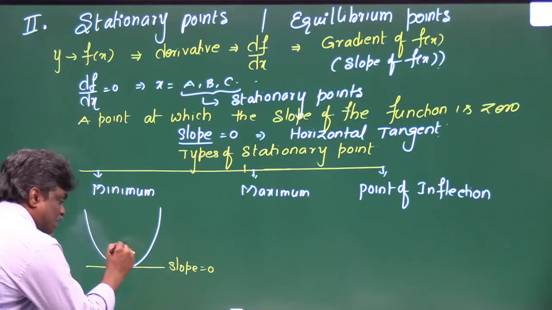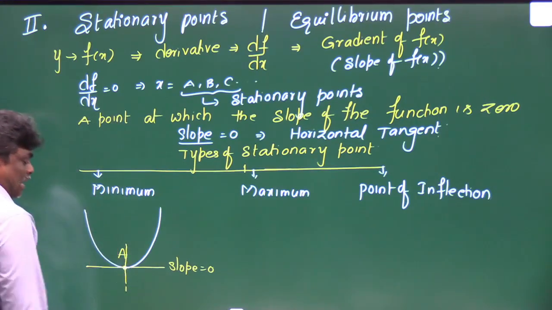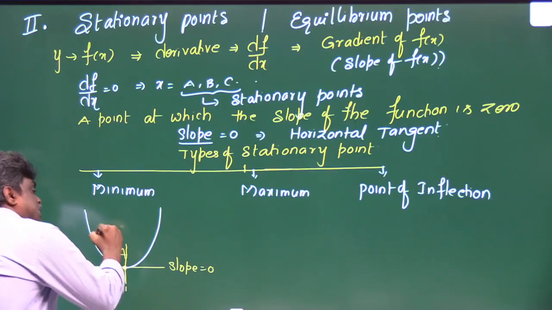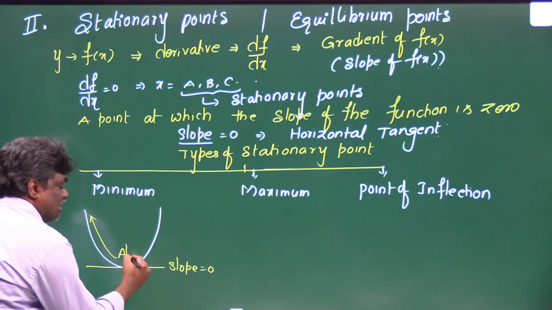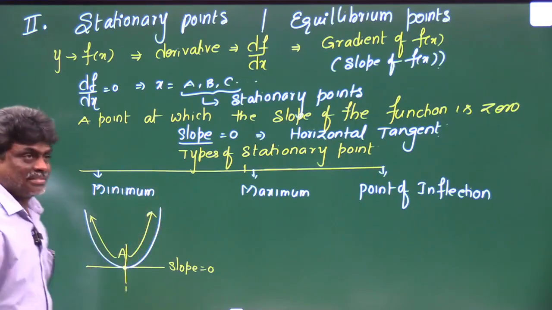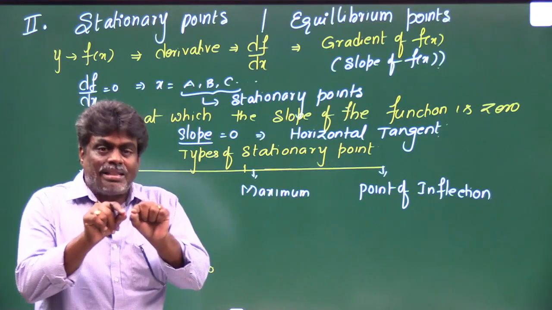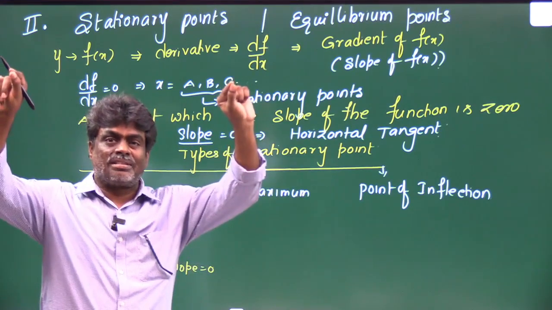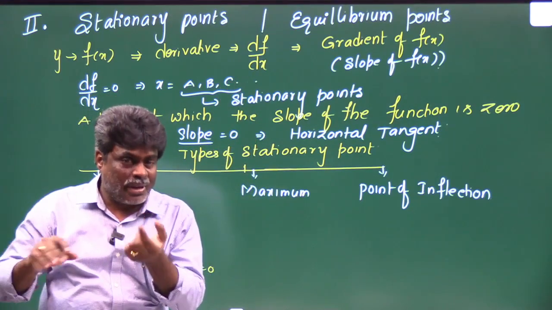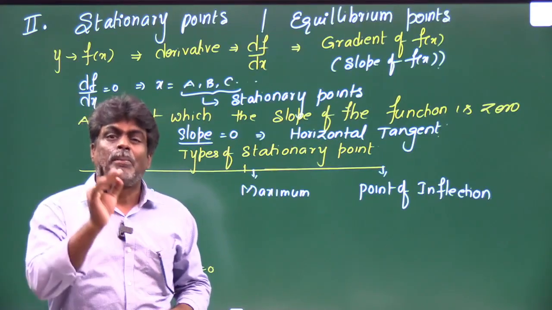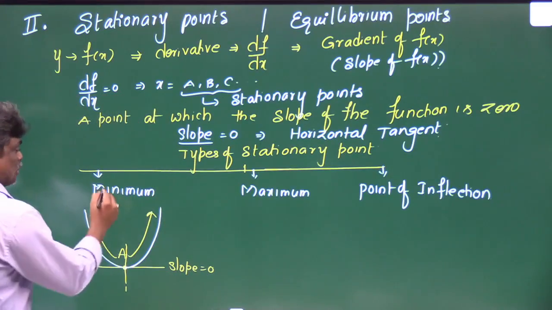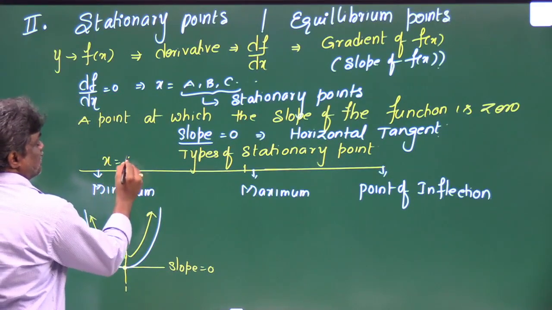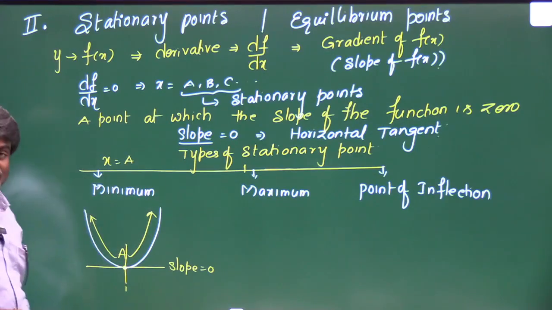Now if you see carefully, on this side the function value increases and on this side the function value also increases. So on either side the function value is increasing, which means at x equal to A the function value is minimum. So here I am taking x equal to A as a minimum.